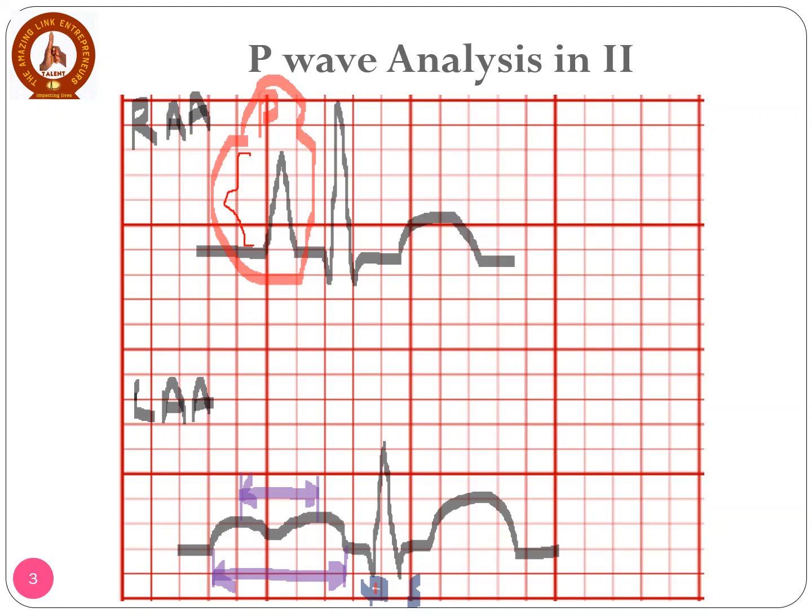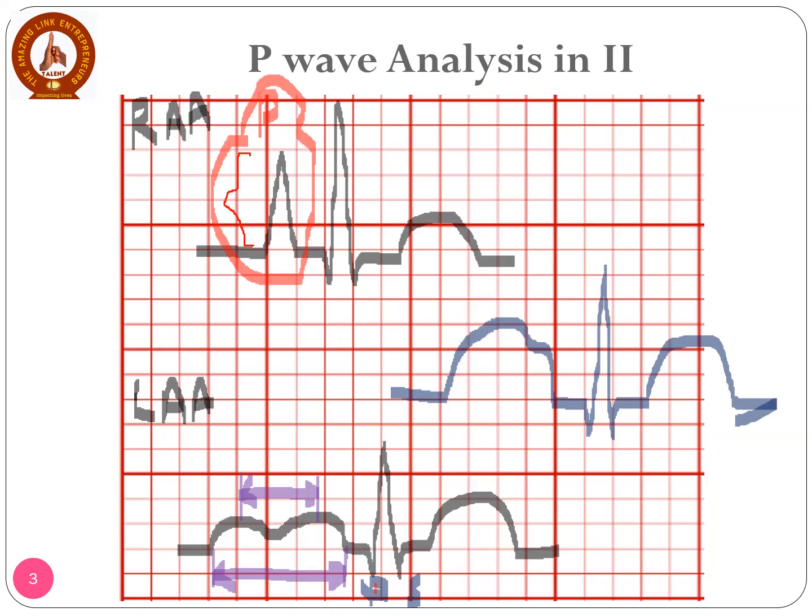In biatrial abnormality, the P wave will be broad and tall. So this is an example.